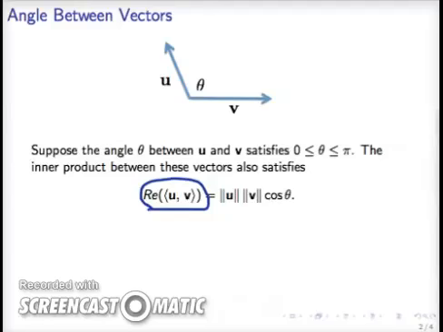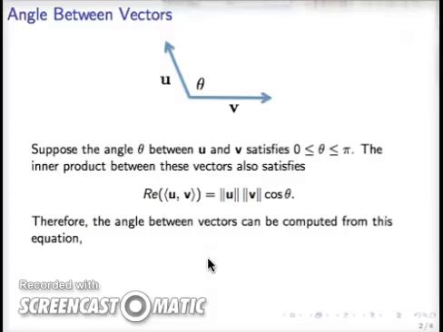An important feature here is that this allows us to come up with an approximation for the angle. Once we have knowledge of u, v, the norm of u, and the norm of v, from this formula we have the real part of the inner product between u and v.